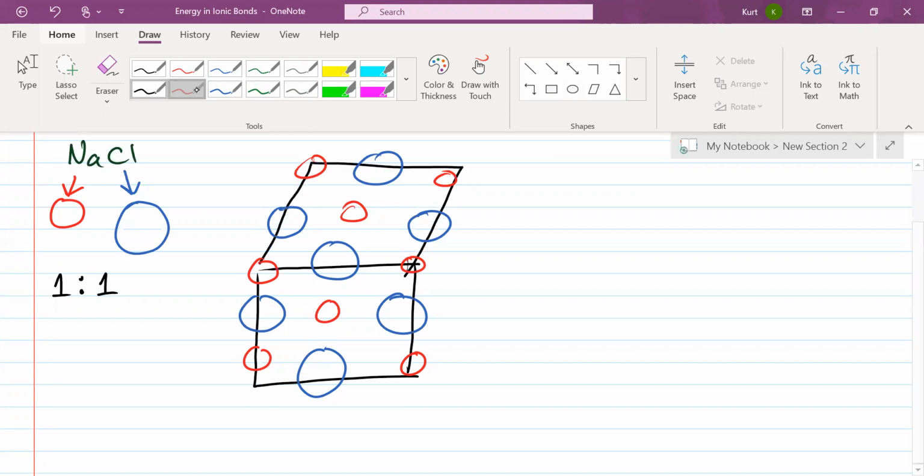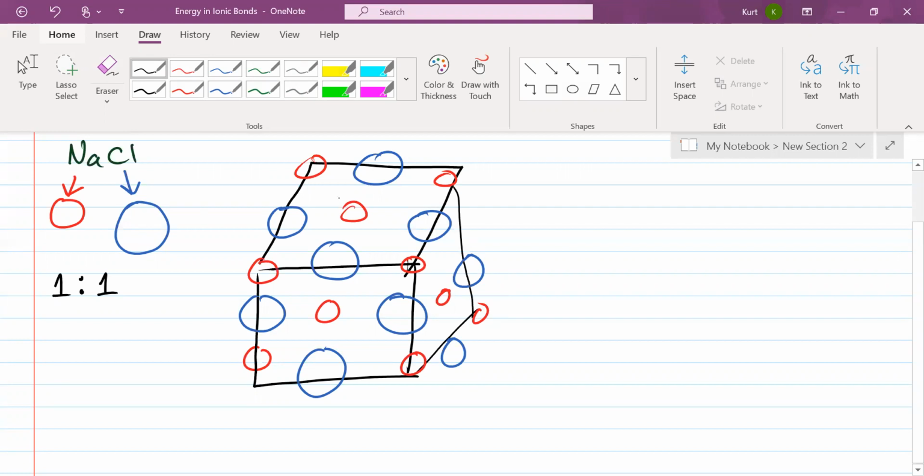Then we have the top of the cube. Oh, it's a little too far out. Got that. More or less, you have a cube.